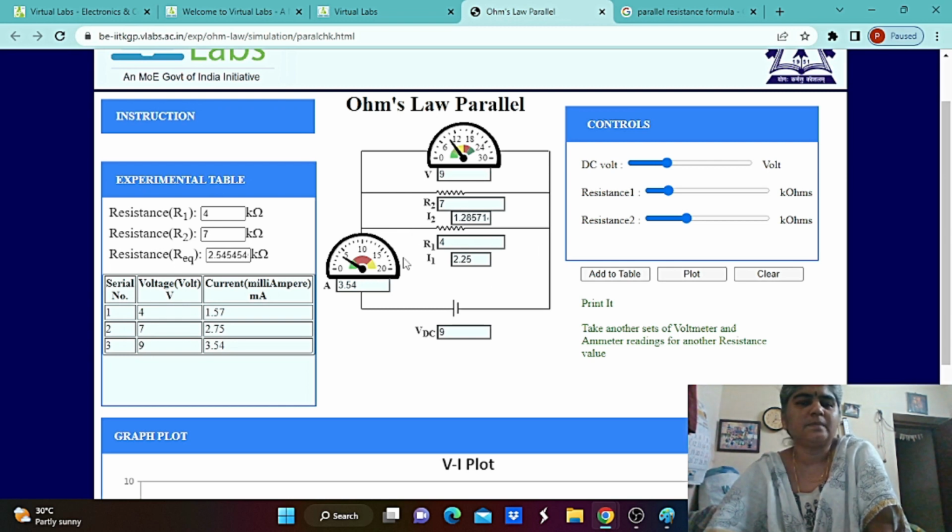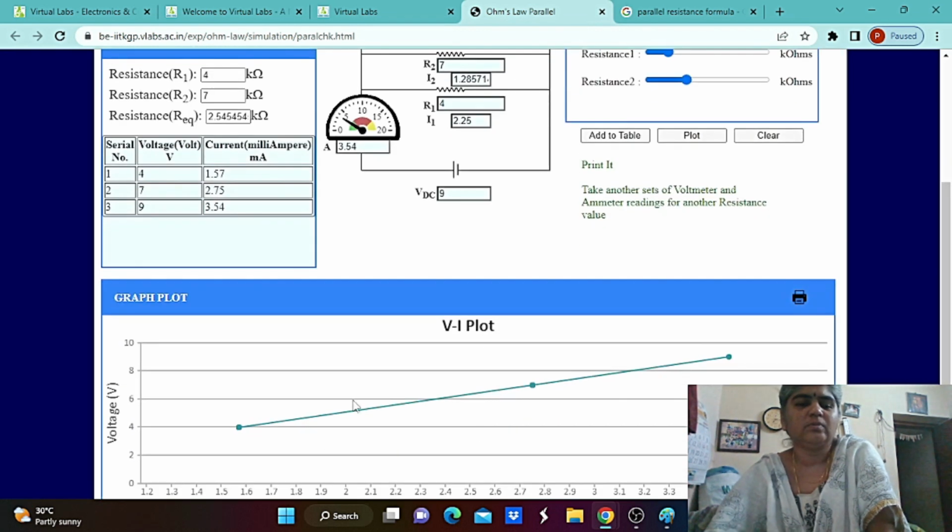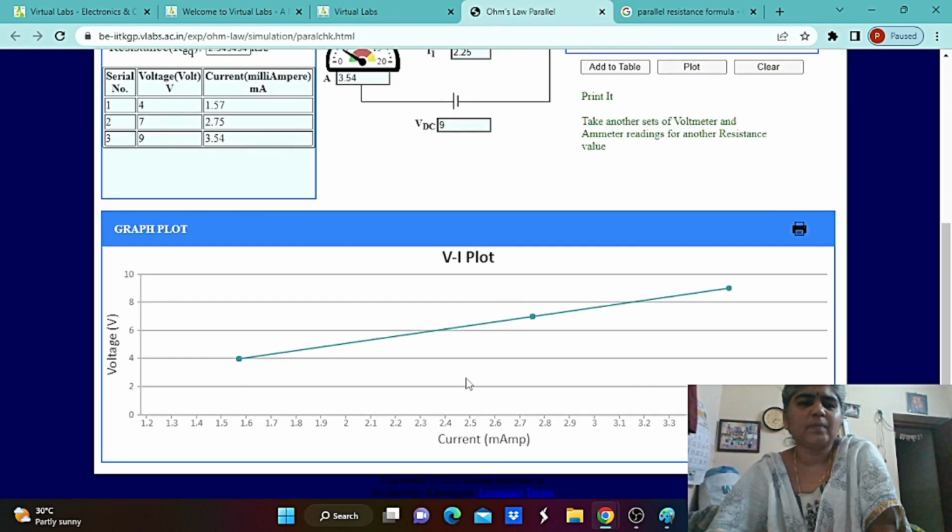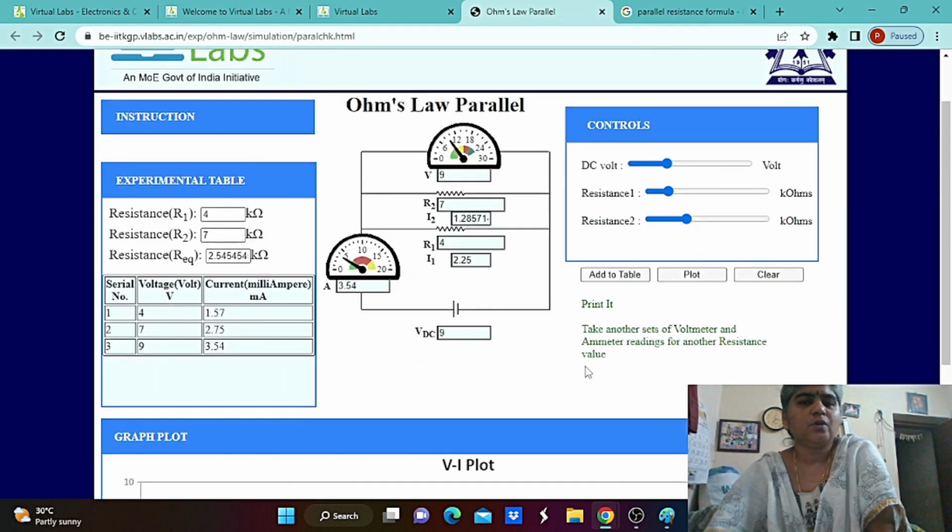For all these concepts, we can relate to the Ohm's law concept, V is equal to I into R. So finally we can determine that voltage and current are directly proportional to each other. So the linear curve can be obtained in Ohm's law.